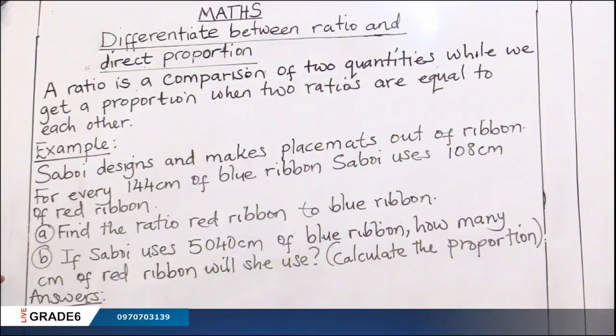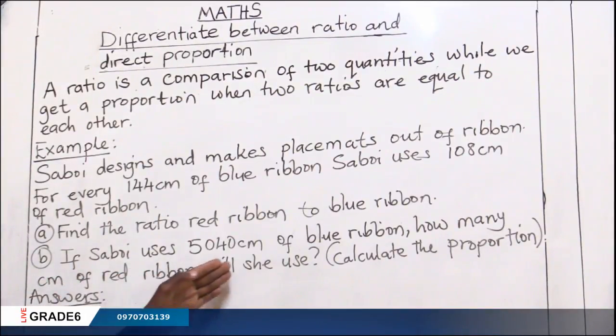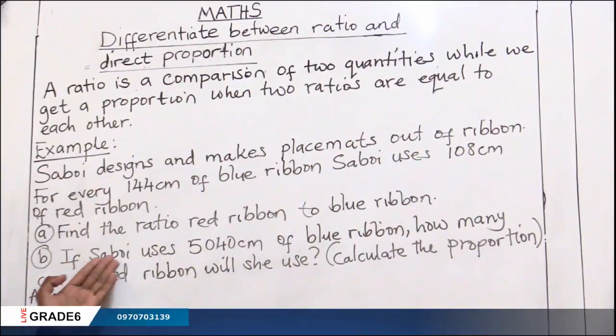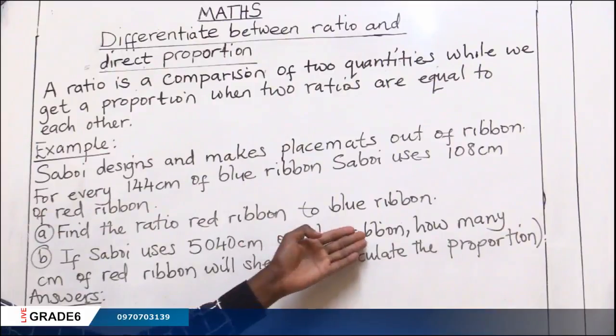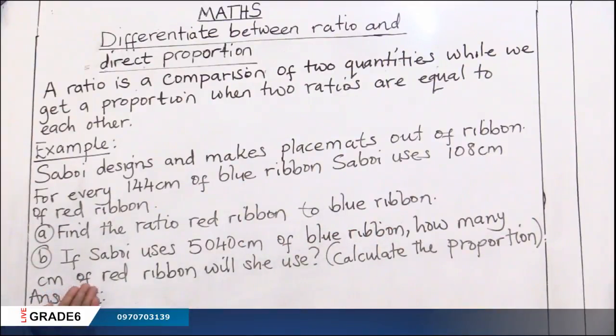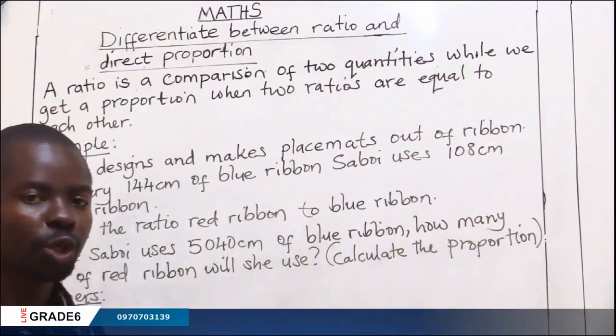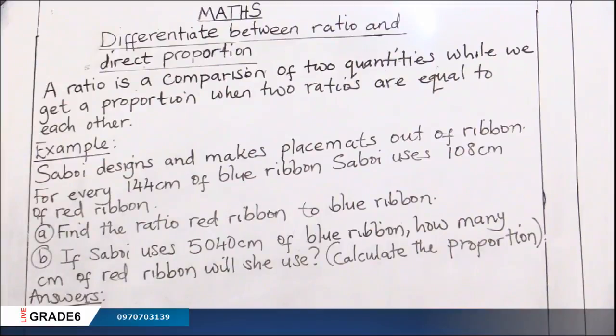A, find the ratio red ribbon to blue ribbon. B, if Savoy uses 5,040 centimeters of blue ribbon, how many centimeters of red ribbon will she use? Okay, so there, boys and girls, we are told to calculate the proportion.